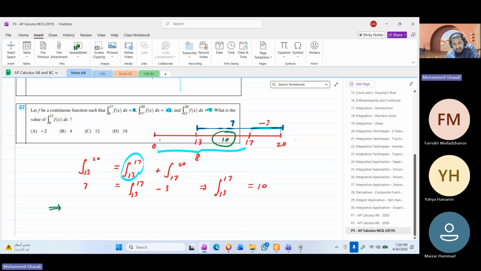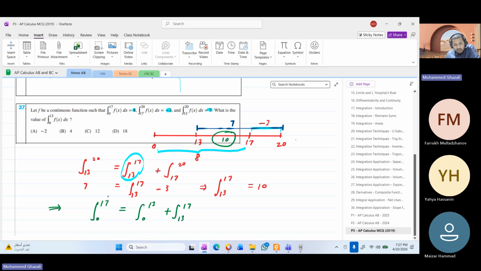In order to find 0 to 13, we take 0 to 17, which is equal to the integral 0 to 13 plus the integral 13 to 17. Does that make sense? 0 to 13 plus 13 to 17 is the same thing as saying 0 to 17.